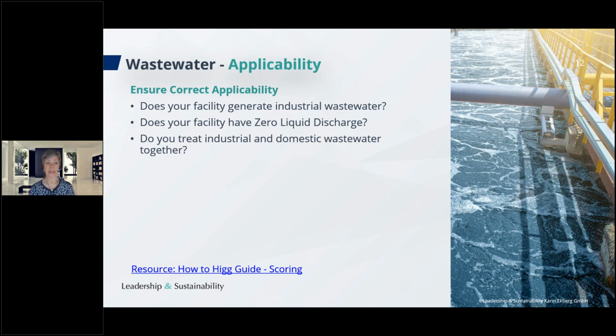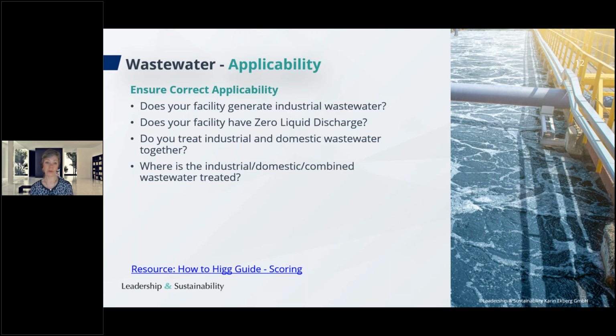And then do you treat industrial and domestic wastewater together? So this is also important to know. Do you have separate wastewater treatment plants, or perhaps you are treating only one of the different types of wastewater? And so please respond here correctly. And then also, where is the industrial domestic combined wastewater treated? And here it may be on-site or it may be off-site.